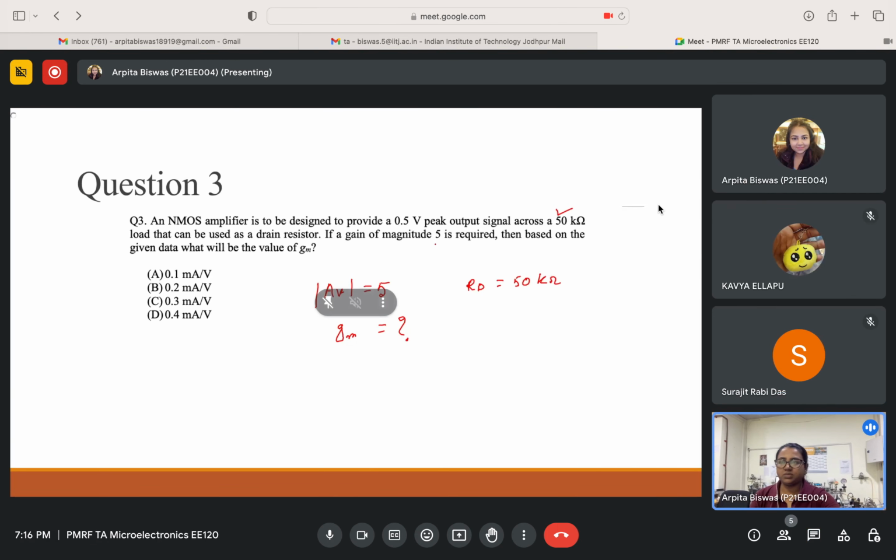Tell me what is the value of AV, how can we write this gain? Can we write mod of AV equal to GM RD? Then AV value is given, RD value is also given.